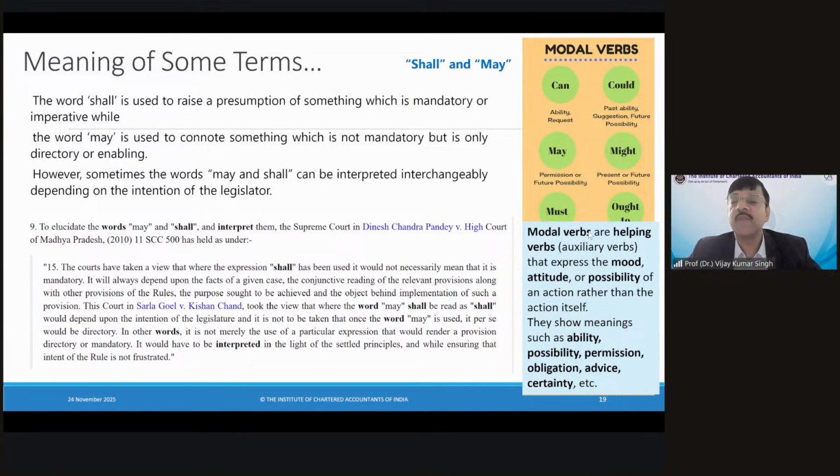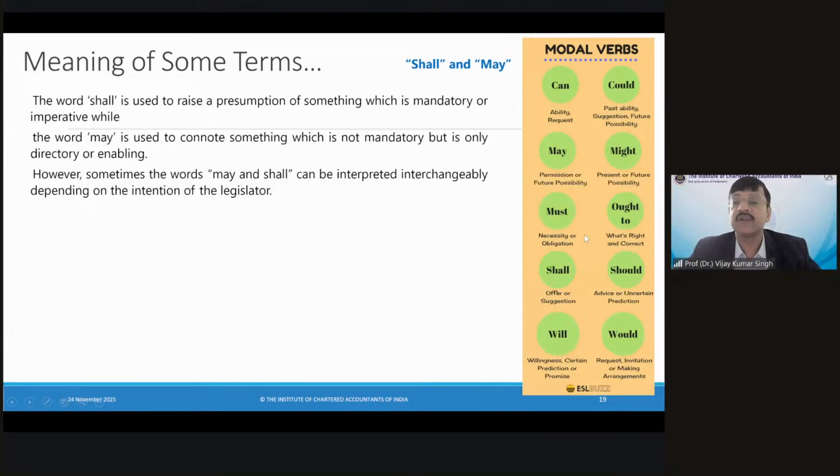There are many modal verbs: can, could, may, might, must, ought to, shall, should, will, would. In our law, you will find may and shall used multiple times in many of the legislations, and there is a lot of confusion around that.